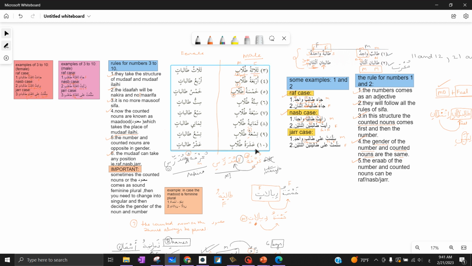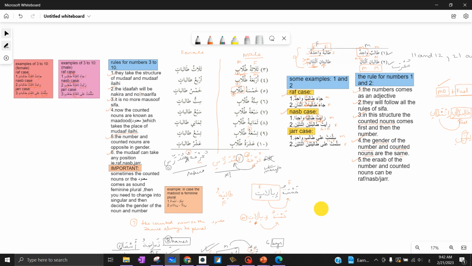Always remember, and there was one point that I missed, that the counted nouns or the ma'dud should always be plural. Please make this point, that the counted nouns should always be in plural. Now these are the i'rab here for 3 to 10 and here for 1 and 2, and the rules. And this is not the rules, but simple points that you should remember when doing the numbers.